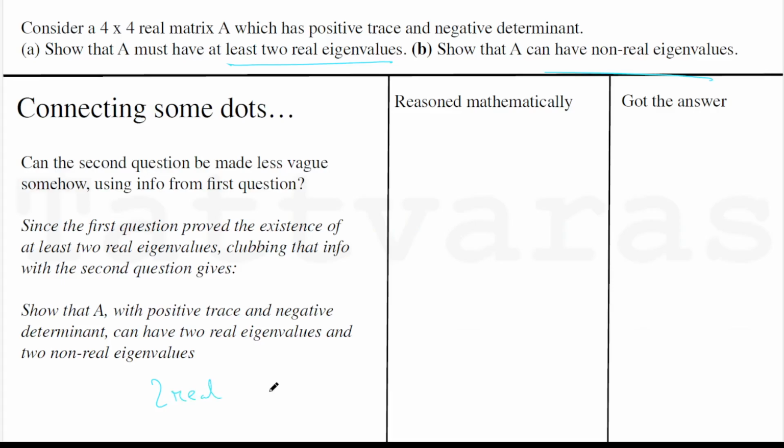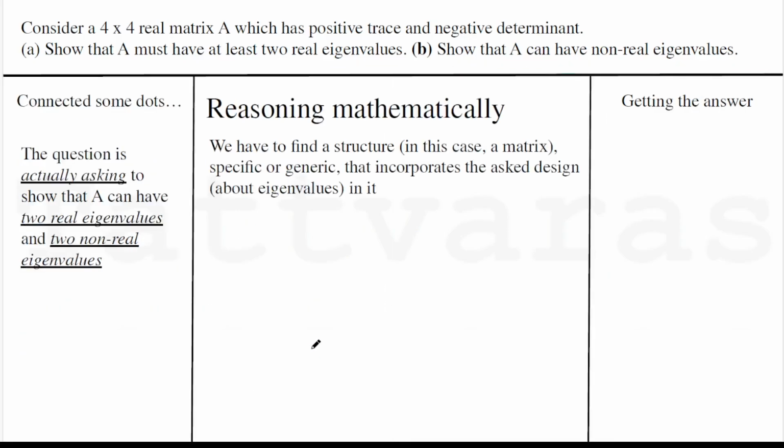So you have at least 2 real eigenvalues. And to show that you have non-real as well, you must have the minimum being complex. So 2 real and 2 complex. So the second question boils down to showing that A can have 2 real and 2 complex eigenvalues. Now it becomes more specific in terms of what it is asking.